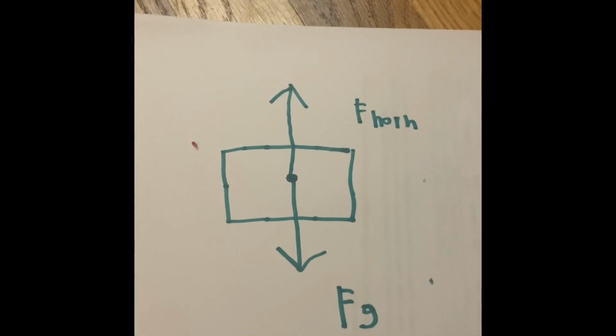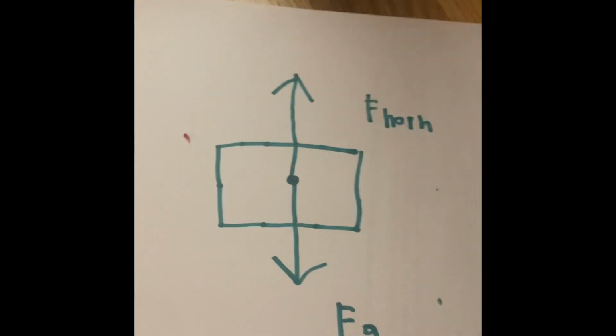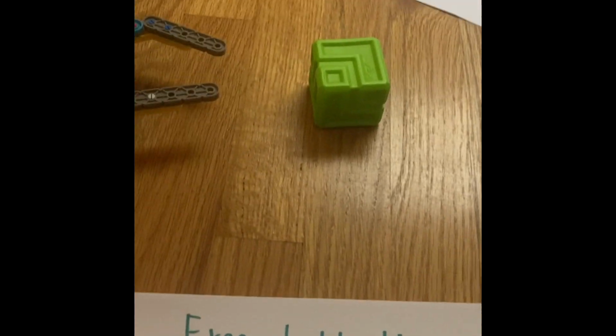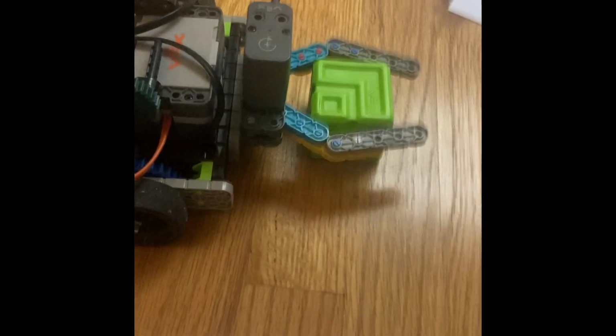But hang on, what happens if we see that robot do what it did earlier in the video? I put the robot back to where it was. The robot goes up to the block, gets the claw, grabs it, and pushes it forward. The robot pushing the block forward can also describe what has happened to the block's motion.